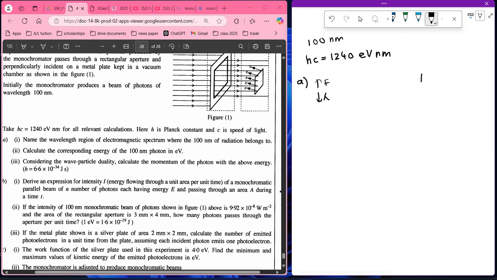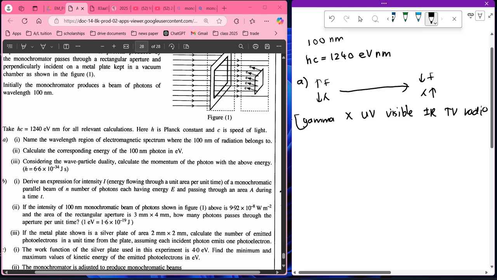And somewhere here the frequency gradually decreases and wavelength gradually increases from here to here. So first comes gamma rays, then X-rays, then ultraviolet rays, then visible, then IR or infrared rays, then TV waves, then finally the radio waves. So this you should be able to remember, not the values actually.